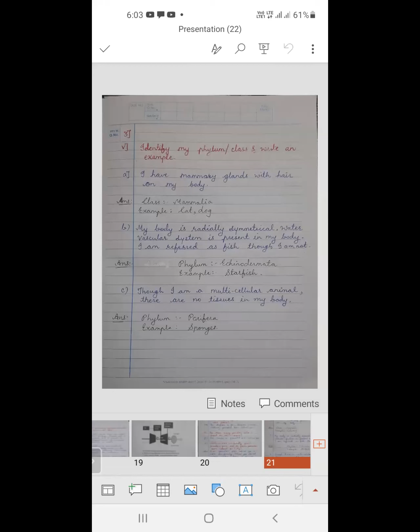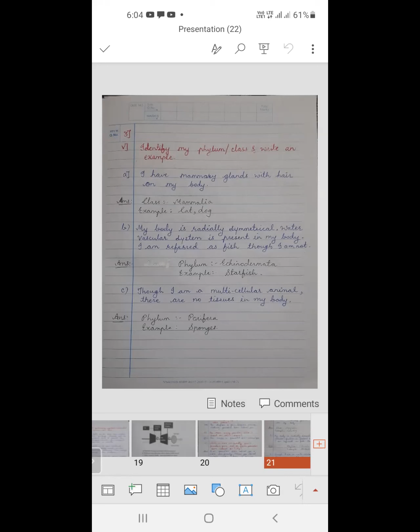A water vascular system is also relevant to starfish. And the name has fish in it, though it is not a fish. So the example is starfish, and its phylum is Echinodermata.